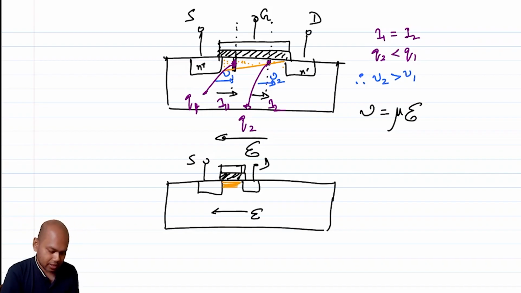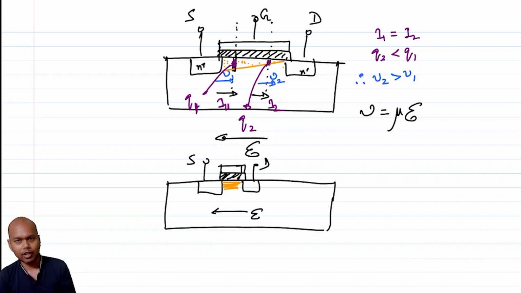And this is kind of a very rough, hand-wavy intuition as to what can happen in a short channel device. This is called a short channel device under velocity saturation.